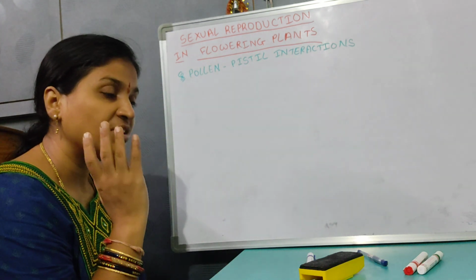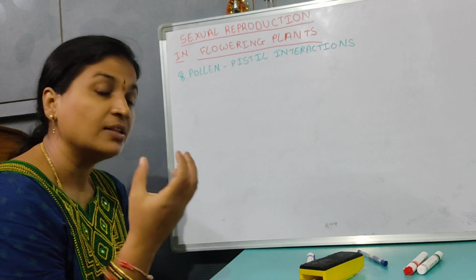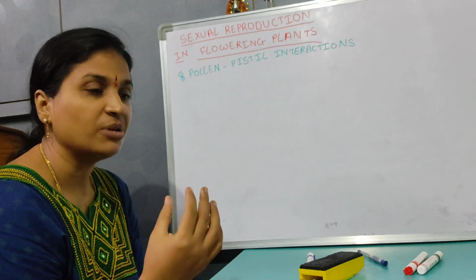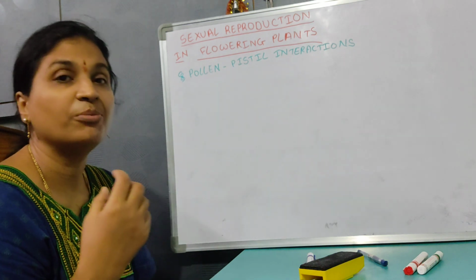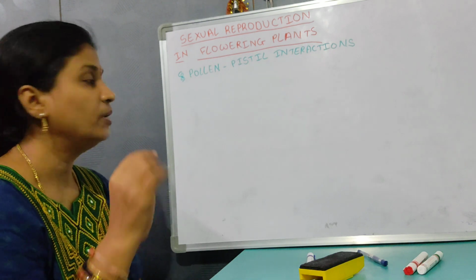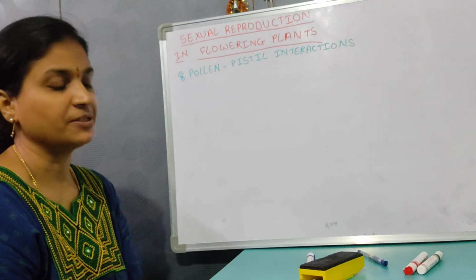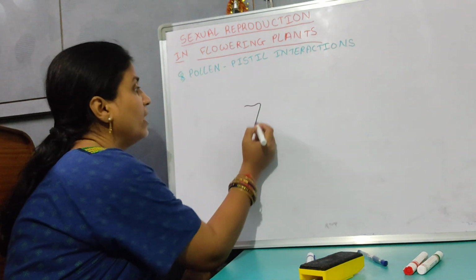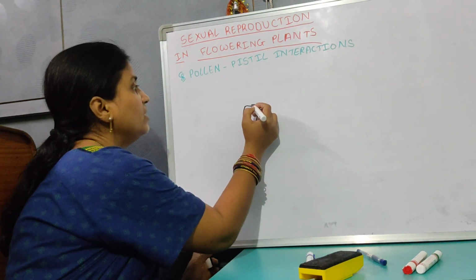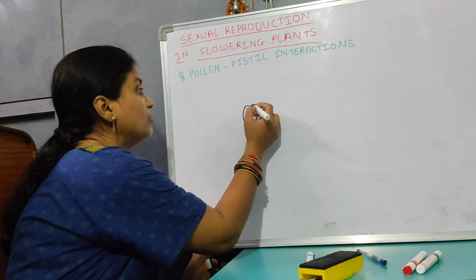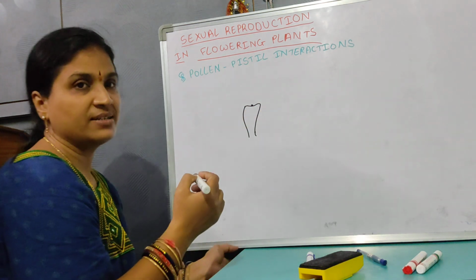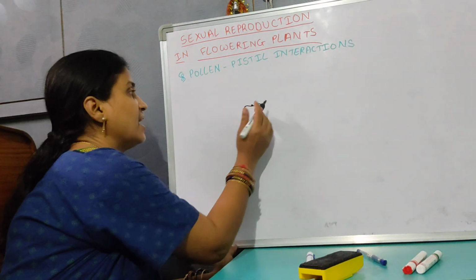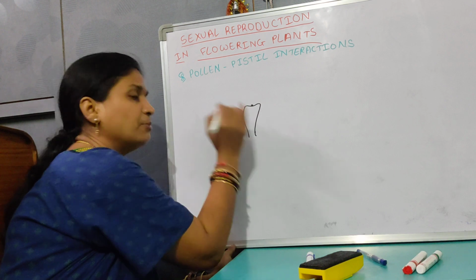If the compatible pollen grains are accepted by the stigma, they are going to germinate and develop into the pollen tube, and that pollen tube is going to have the male gametes. There will be a dialogue between the pollen grain and the pistil, an exchange of chemical components, such that the stigma identifies the compatible pollen grain.